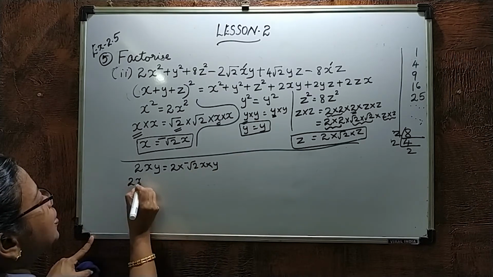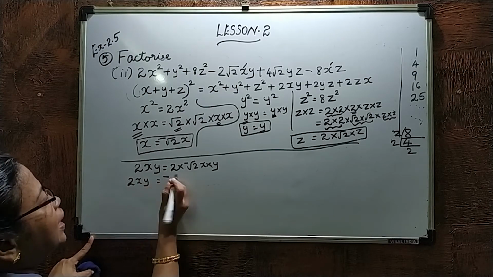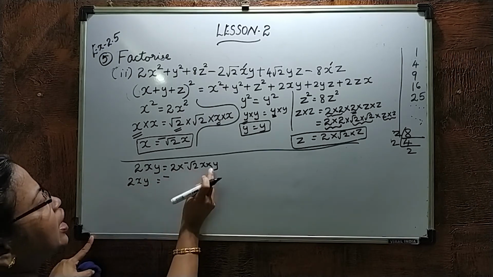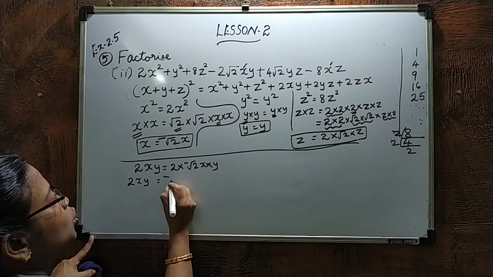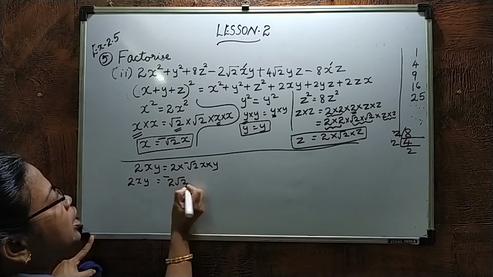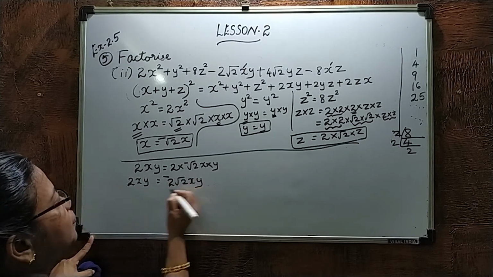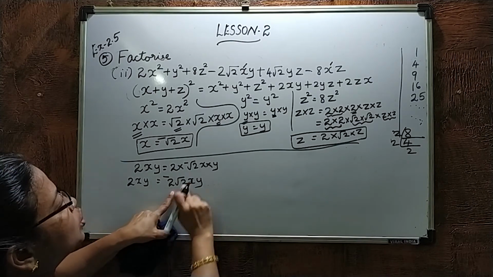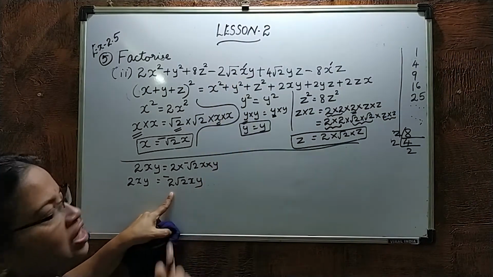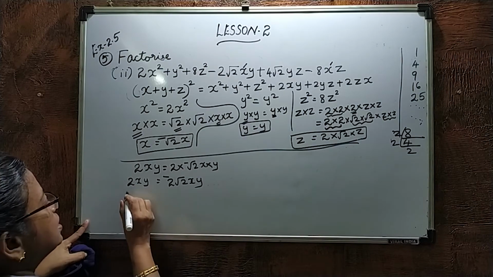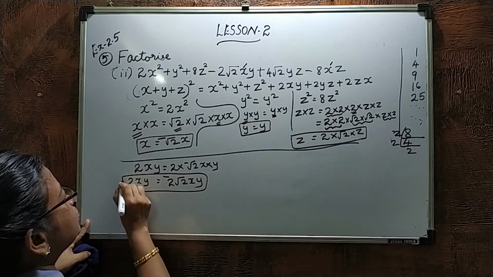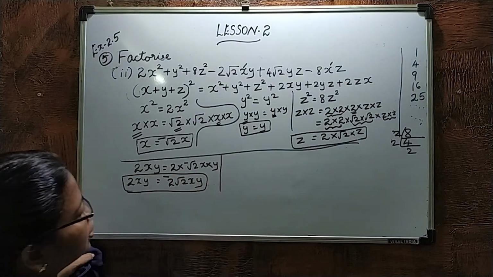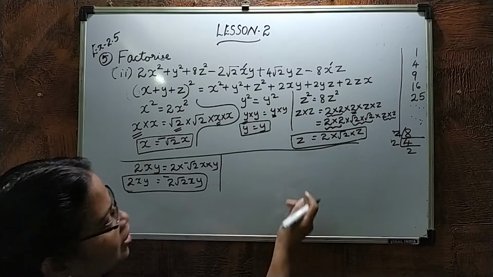So 2xy equals positive into negative, negative; negative into positive, negative. 2 into root 2, 2 root 2, x into y is xy. 2xy is equal to negative 2 root 2 xy. Is it correct? Okay. Same thing we got. Now next one. After 2xy, what you have to find out?